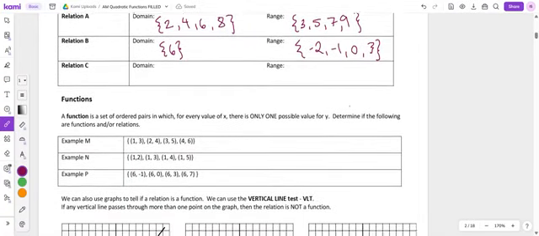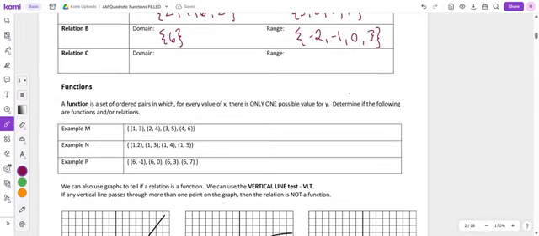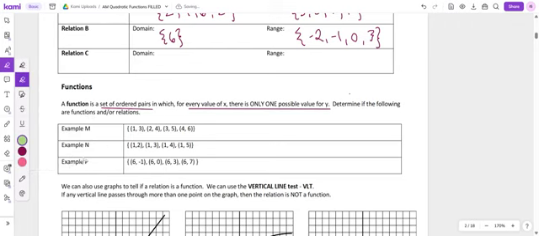All right, now let's jump to the next definition, which is a function. A function is also a set of ordered pairs. Here is the really important piece: every x value has only one possible y. I want to highlight that in pink.